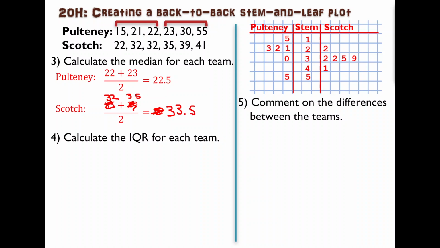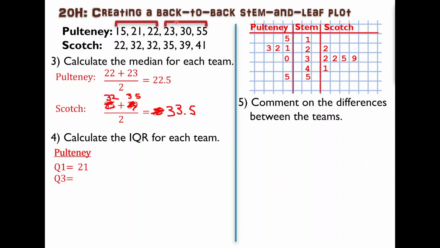We can calculate the interquartile range for each team as well to get an idea about spread. So the median gives us an idea about the middle, and the IQR gives us an idea about how consistent each team is. For Poultney, I could calculate the IQR, interquartile range. Again, if you're not sure how to do that, go back to my other video. But basically, this is the bottom half of the Poultney data, and the median of the bottom half is 21.